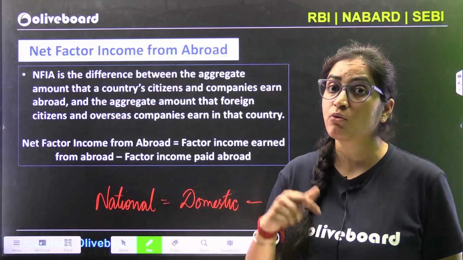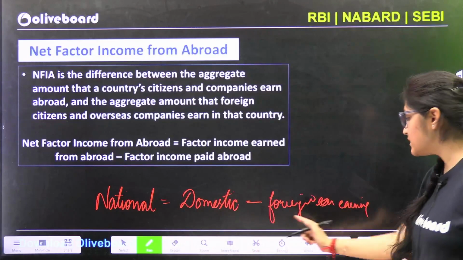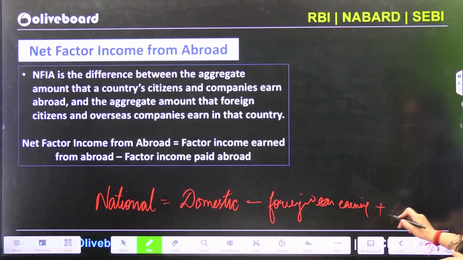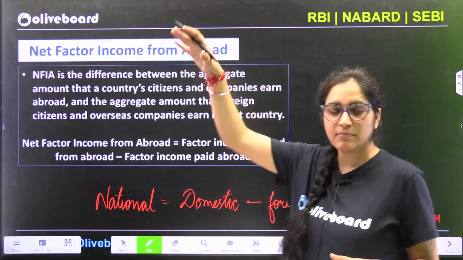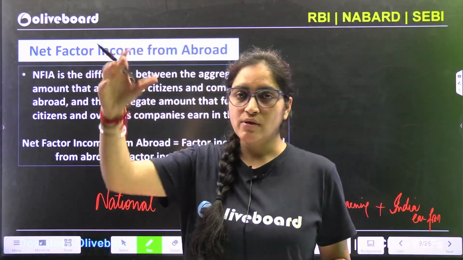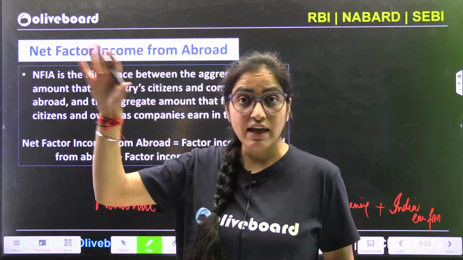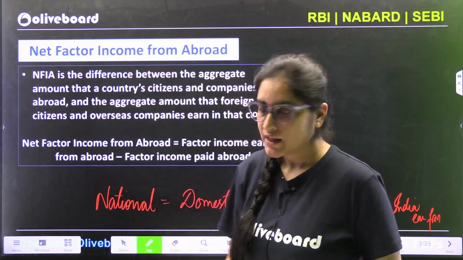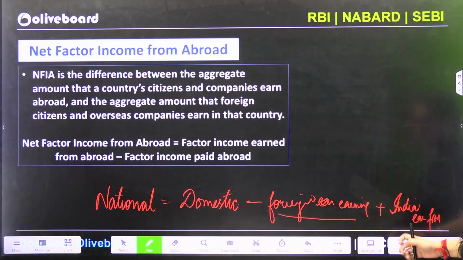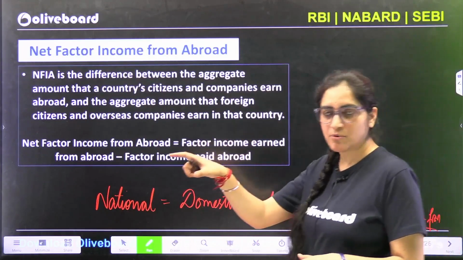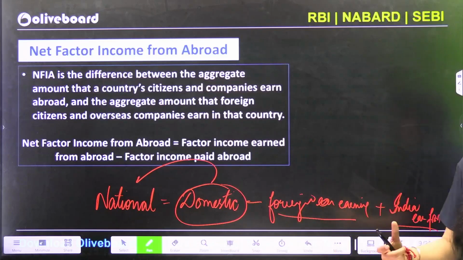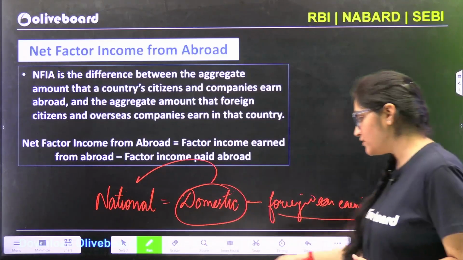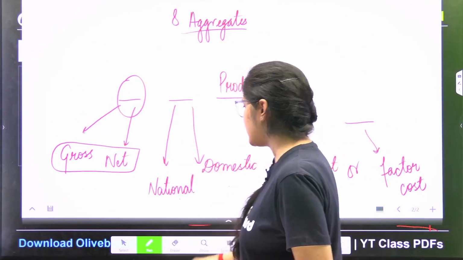But in national, I want only Indian nationals. So I'll subtract foreigners' earnings, but I'll add Indians' earnings from abroad. Whatever Indians are earning, maybe sitting in the US or UK or any foreign territory, I'm going to add that. Subtracting foreigners' earnings and adding Indian earnings from abroad, I'll get to a value which is your national income.